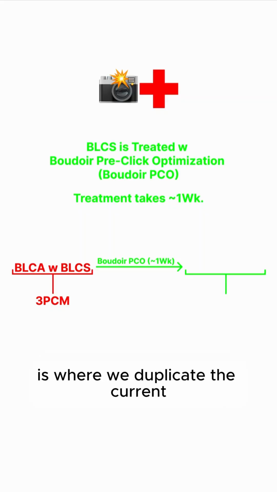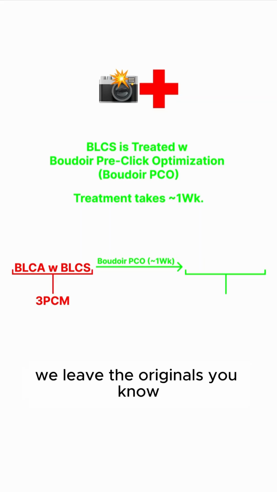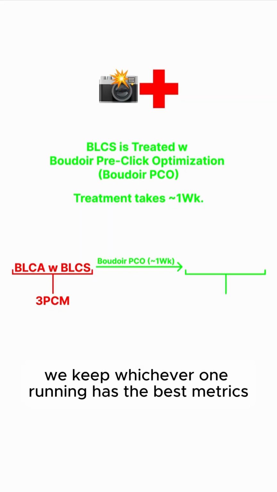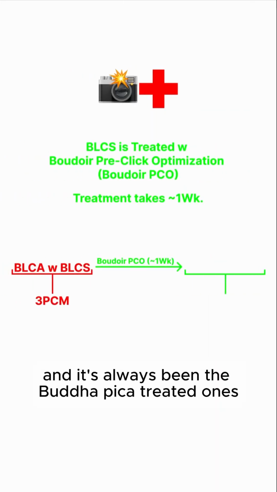This is where we duplicate the current Boudoir Facebook ads and we treat the duplicated ads. We leave the originals, on or off, whatever. At the end of the week, we keep whichever one running has the best metrics. And it's always been the Boudoir Pico treated ones.